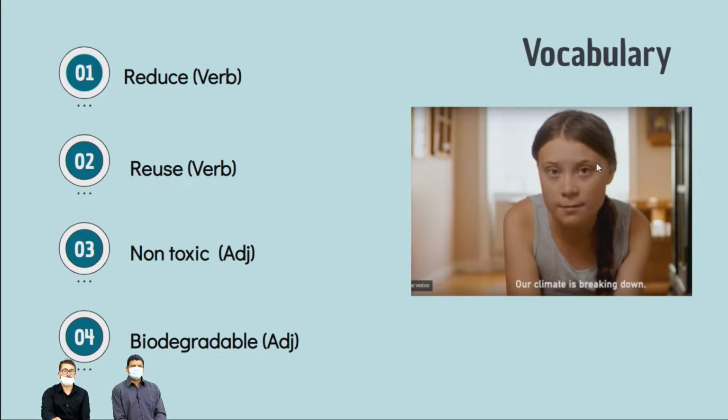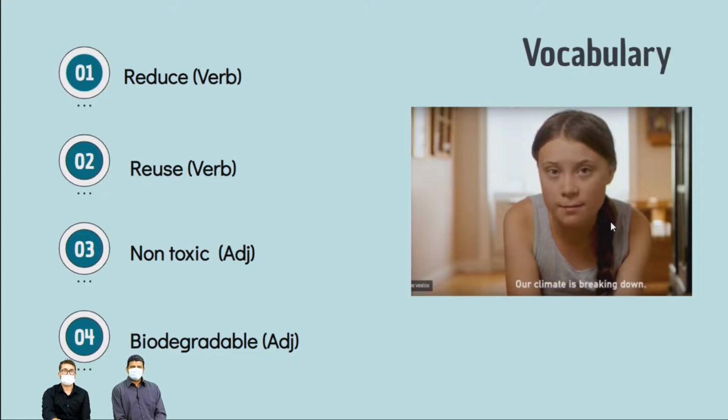And the last is biodegradable. So biodegradable is a very important adjective for pollution. Anything that is not biodegradable cannot be broken down by nature. Okay? So if you keep a banana outside for a long time, it will turn green in color, and then you'll have a lot of mosquitoes around it, and then eventually the banana will become gas.